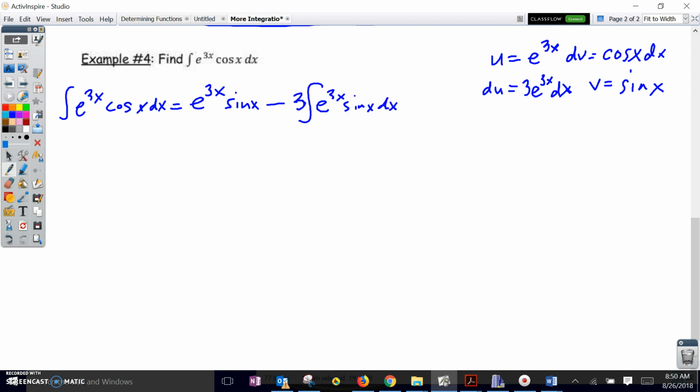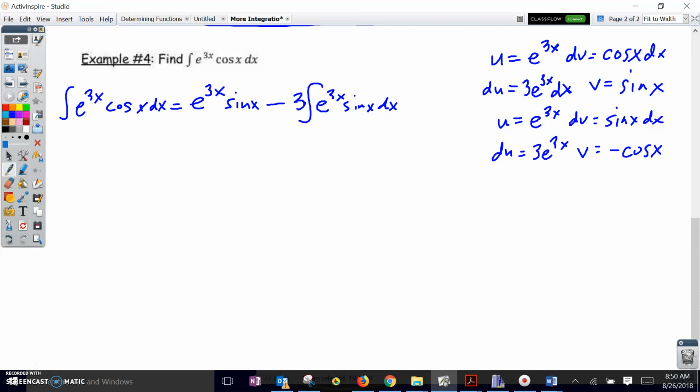I'm going to bring the 3 out in front here. And then I'm going to apply integration by parts again. u equals e to the 3x, dv equals sine of x dx, and now in this case, du is going to be 3e to the 3x, and v is going to be negative cosine of x.